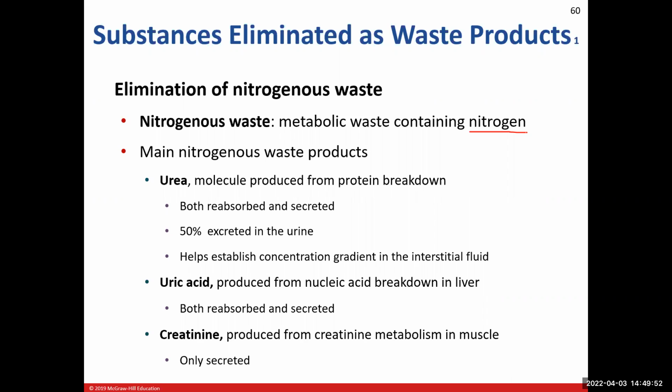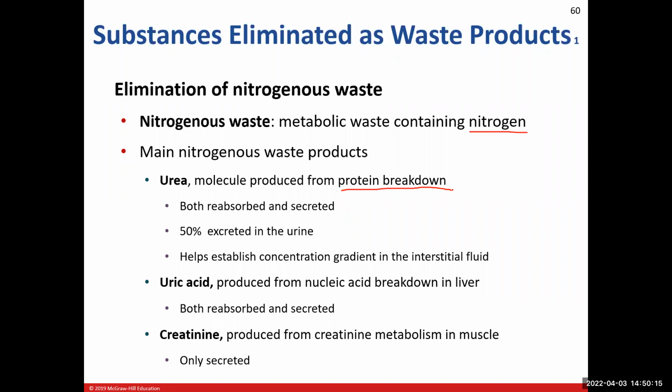So when we undergo these metabolic reactions, one of the waste products that we talk about is urea, and that's a waste product that comes from when we are breaking down proteins. Well, that urea is going to contain that nitrogen. And so nitrogen is going to be both resorbed and secreted.